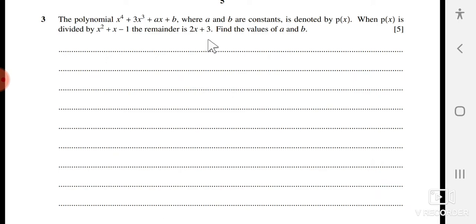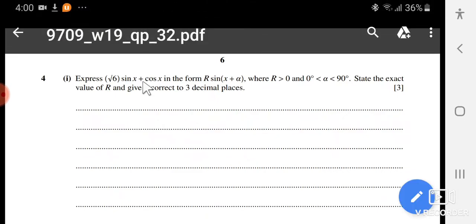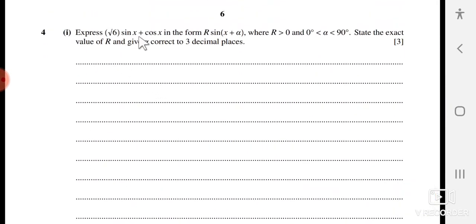Hopefully, my dear, you understand this. Now I'm moving to the next, and this is again a simple question. This simple question is saying that this expression could be expressed in this form, and limitations and restrictions are given there.